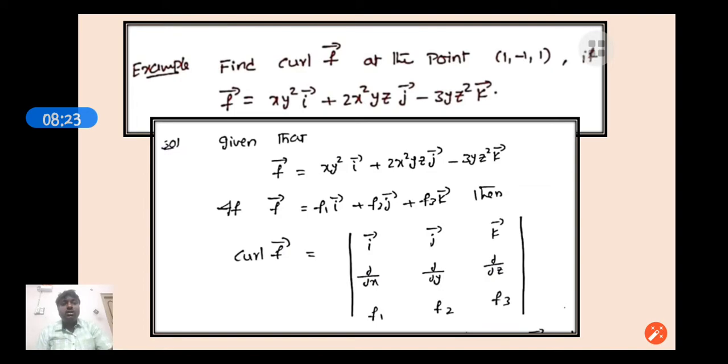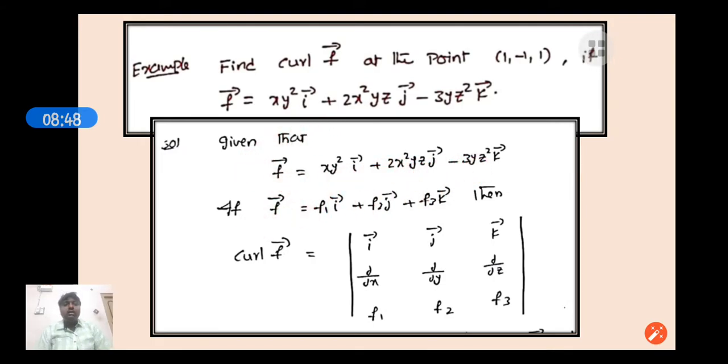First of all, the given vector point function is f bar equals x y square i bar plus 2x square y z j bar minus 3y z square k bar.